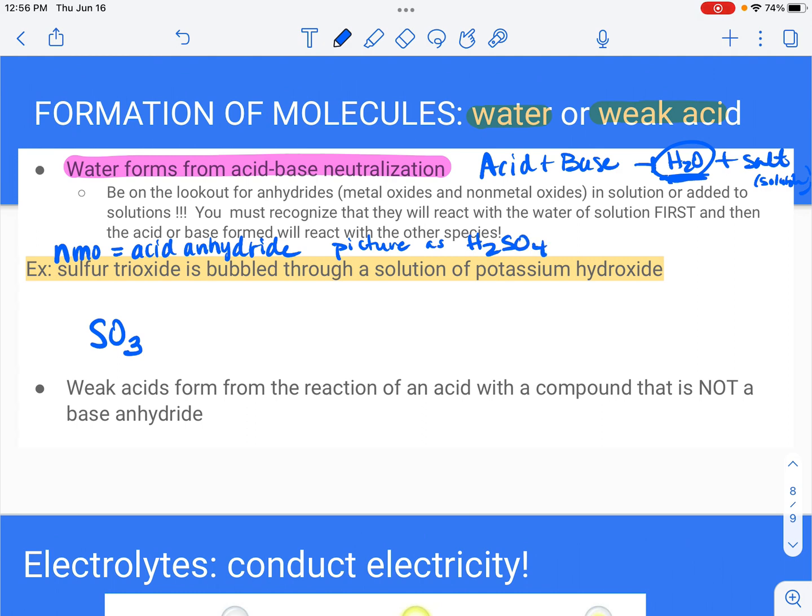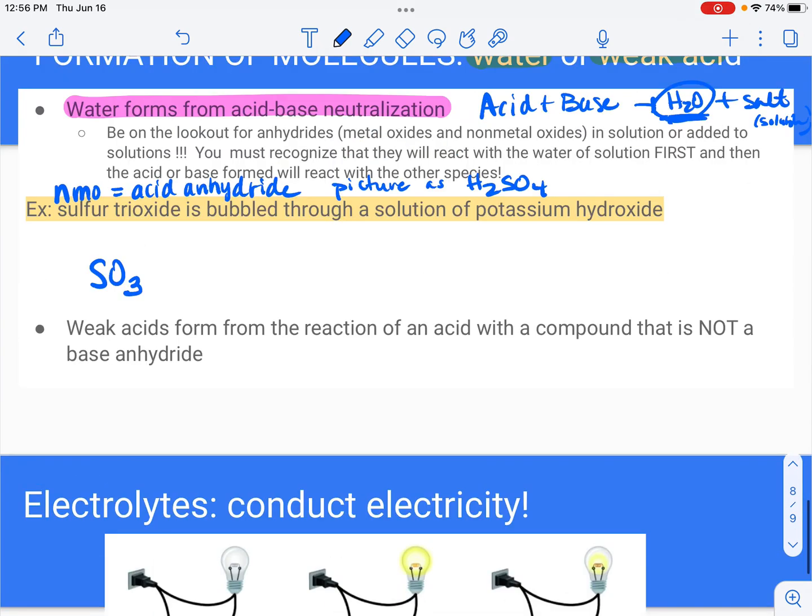Okay, and the way that you know which acid it forms is because of the oxidation numbers. So you can guess and check. It would be either H2SO4 or H2SO3. In here, this is 6 plus. In here, this is 4 plus. In here, the sulfur is 6 plus. Okay, so we know that it's this one.